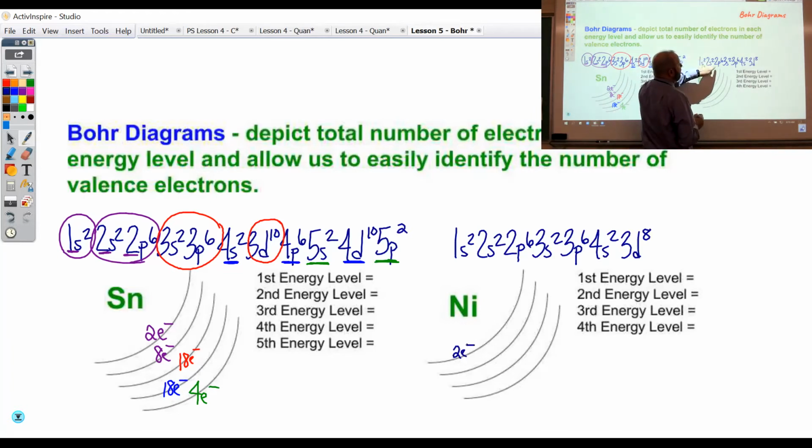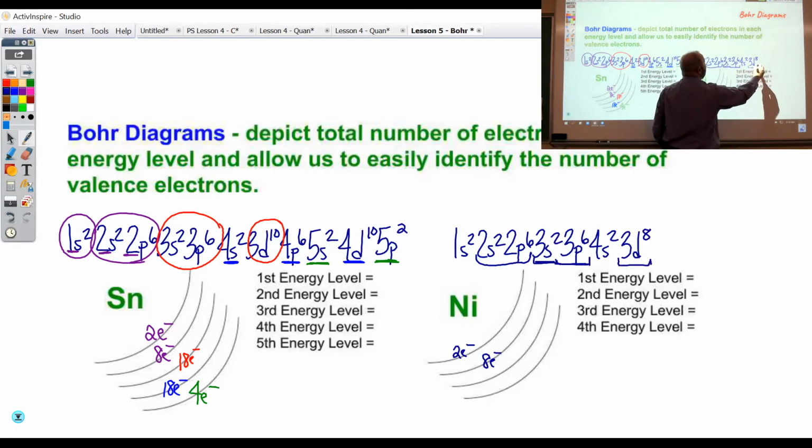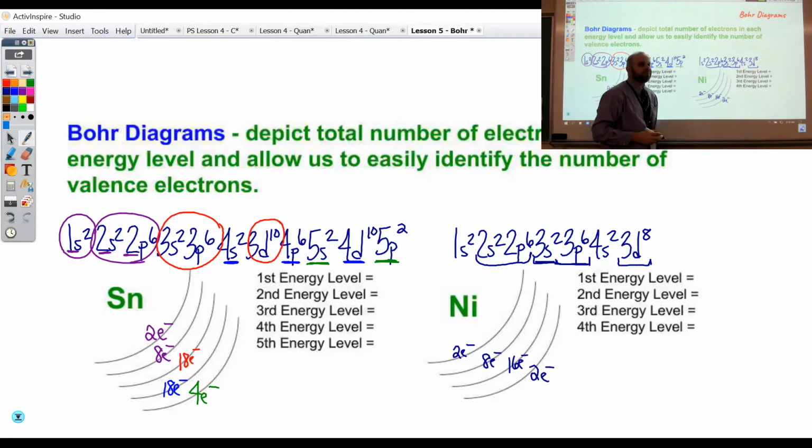In the second energy level, that's both of these, we have a total of 8 electrons. In the third energy level, which is the 3s2, the 3p6, and the 3d8, we have a total of 2 plus 6 plus 8, or 16 electrons. And then finally, in the fourth energy level, we have just 2 electrons.